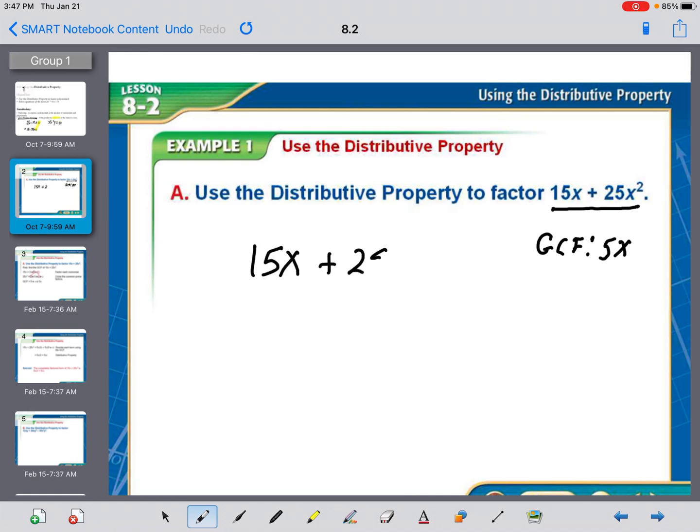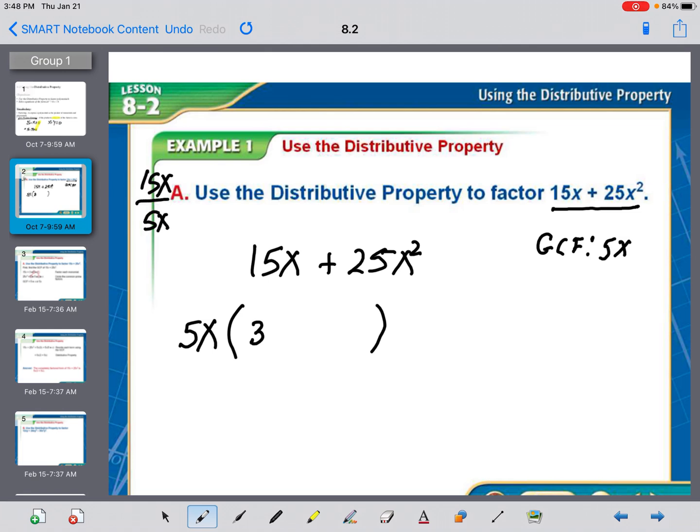So here's what we're going to do. I'm going to copy the problem, and we're going to take out the 5x. What is 15x divided by 5x? 15x divided by 5x is 3, because 15 divided by 5 is 3, and the x's cancel, thinking of division.